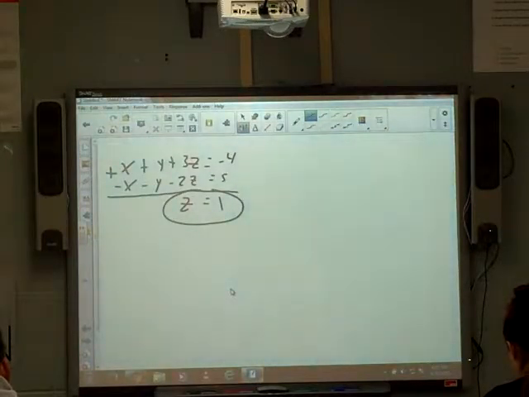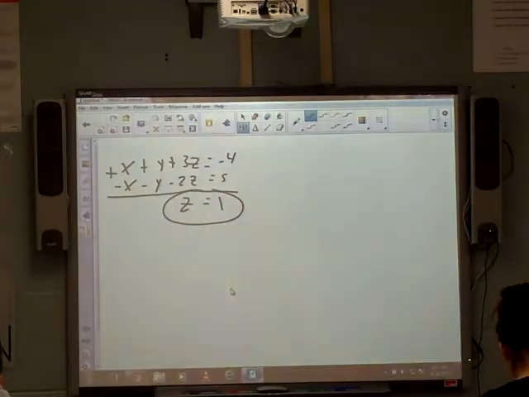Okay? Now, look at your third equation. Here's where some people saw it and did it, and some people made their life a little harder. You could put 2 more equations together to try to eliminate something, but your third equation only has 2 variables. So we can plug that z we got into that third one.